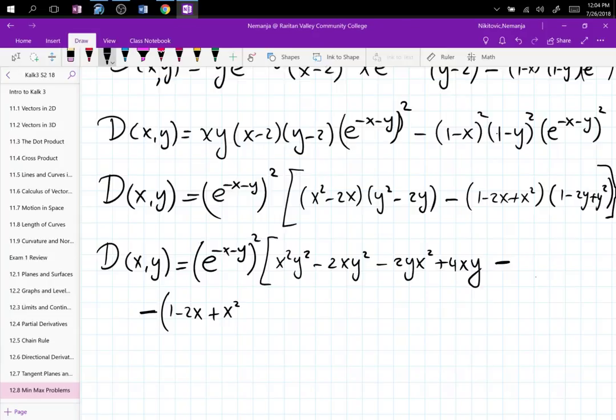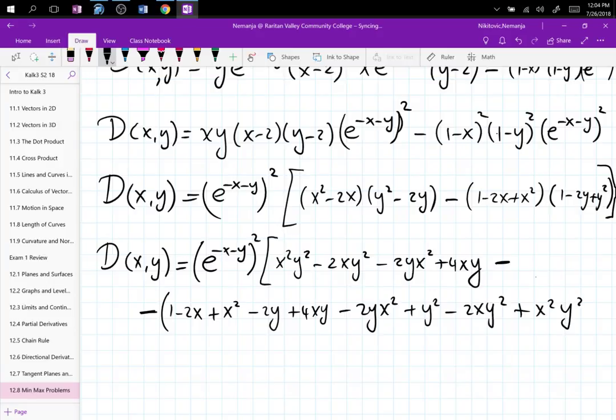Now we have to multiply with negative 2y, so that's going to be negative 2y, positive 4xy, and negative 2yx squared. Perfect. And now times y squared, so that's plus y squared minus 2xy squared, and finally plus x squared y squared.